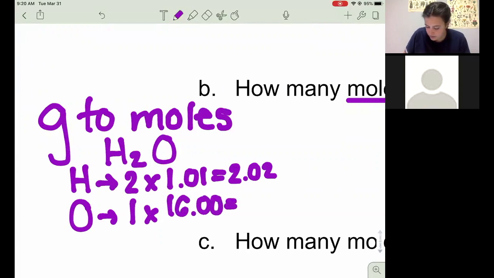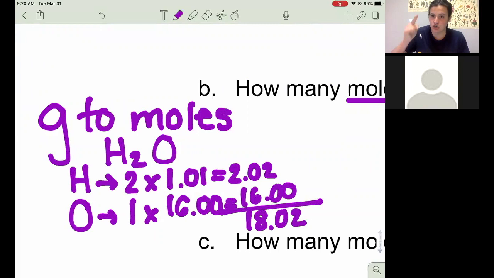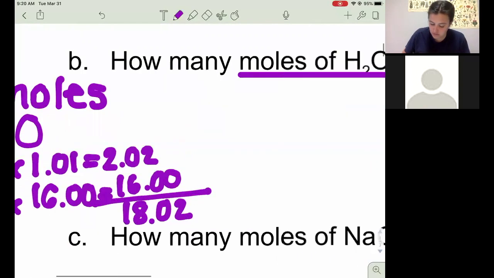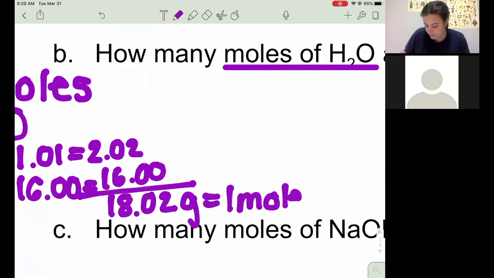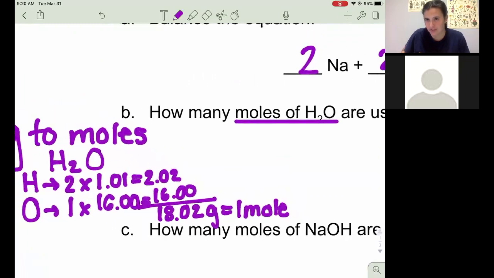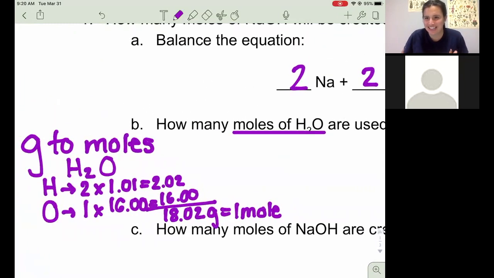You add those together, and your total molar mass is going to be 18.02. Do not forget your units, kiddos, which is going to be grams equals 1 mole. Sorry if the screen is a little tricky.